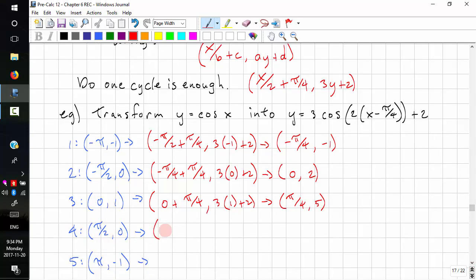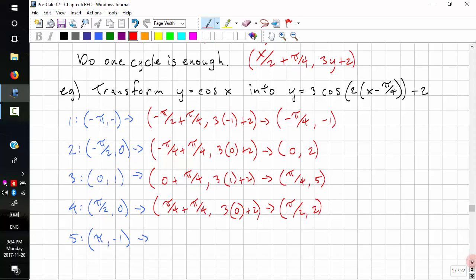Pi over 2 divided by 2, that's pi over 4, plus pi over 4. 3 times 0 plus 2, that's pi over 2, and 2 again. And one more will complete the cycle.